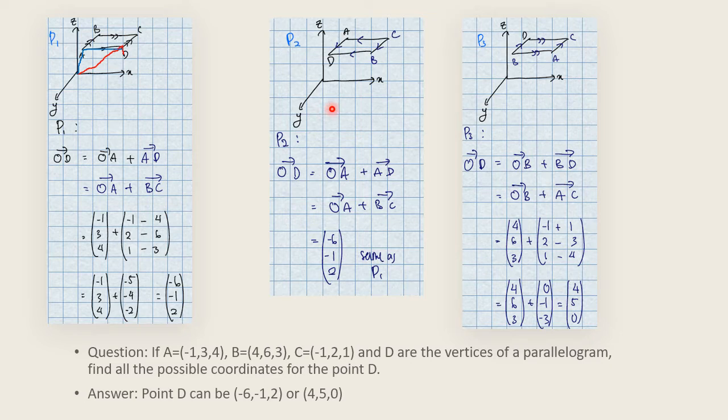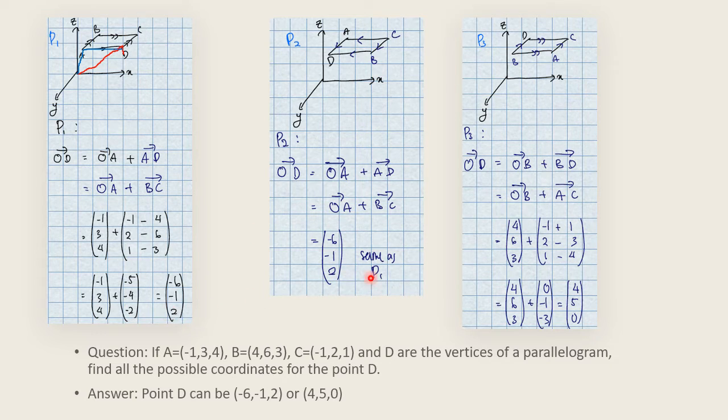For P2, we repeat the same thing. Again, now D is here. And again, we don't have the position of D yet, so we need to use the closest thing that we have. In this case, I use OA again, because we have OA directly. And then we add AD because the arrow points there. But again, we don't have AD, but AD is the same thing as BC, so we can reuse it.